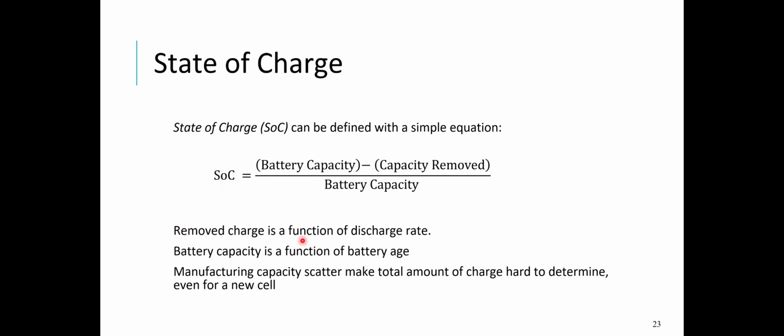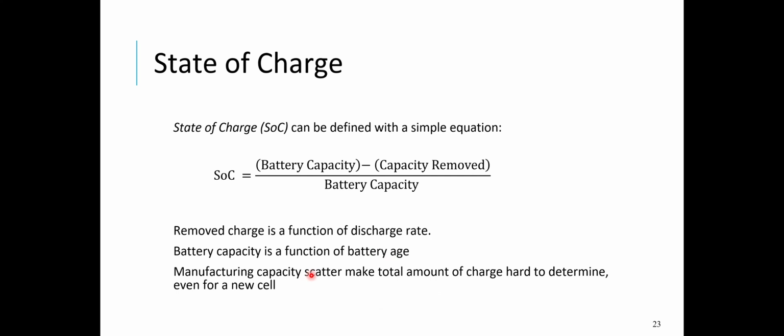So the removed charge is a function of the discharge rate. As we showed, the battery capacity is difficult to determine. It depends on how quickly I'm discharging the battery. Battery capacity also changes with the age of the battery. So the capacity of the battery reduces as the battery degrades. And no two batteries are the same.